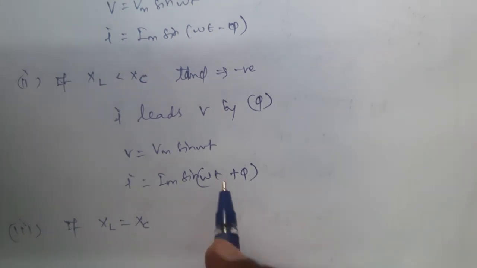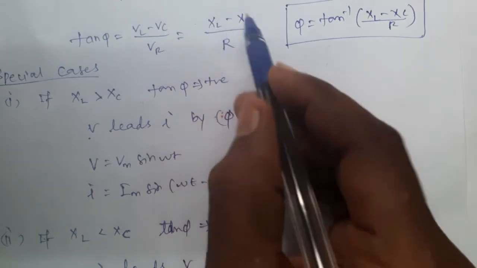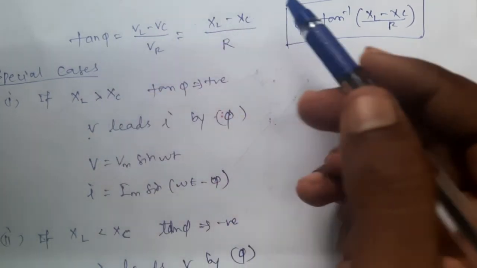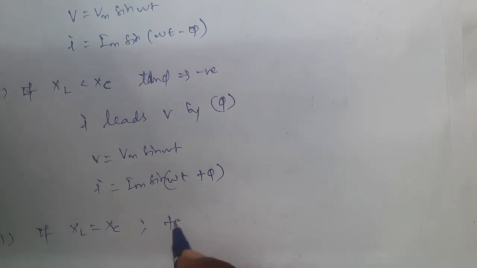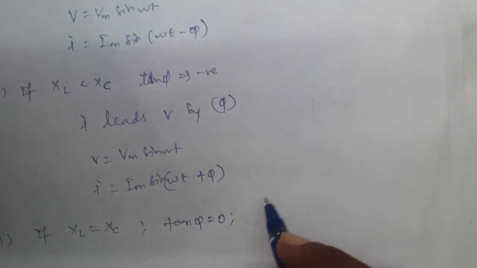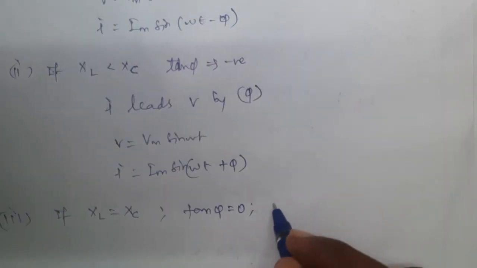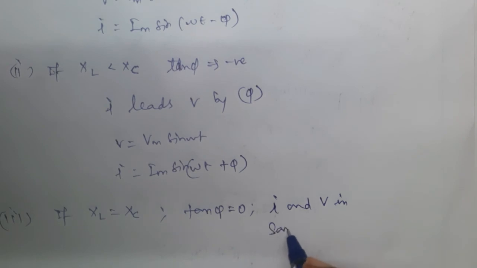The third case, both are equal: XL is equal to XC. If XL equals XC, then XL minus XC is 0, so tan phi is going to be 0, which means phi is also 0. Therefore current and voltage, I and V, are in the same phase. The circuit is resistive.